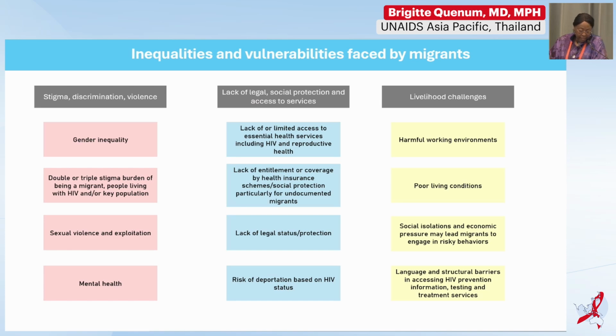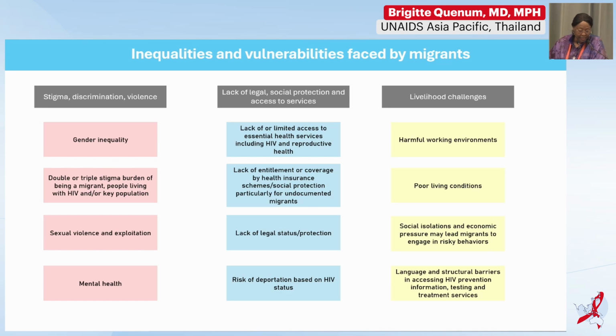In this slide, it's really to show the inequalities and vulnerabilities faced by migrants. You can see that the lives of migrants are not easy in many aspects, and they face daunting inequalities and vulnerabilities. In this slide, I'm trying to categorize them into three categories.